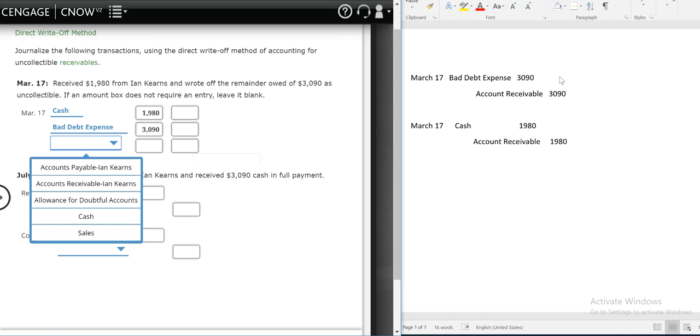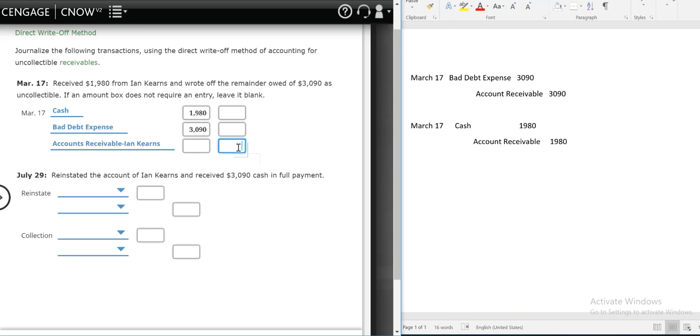And then I'm going to credit accounts receivable for the total amount, which I believe is 5,070. Okay, very good.